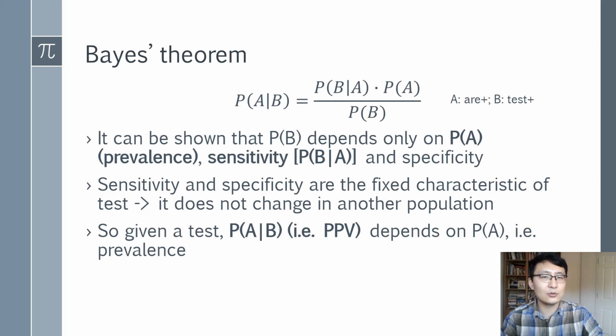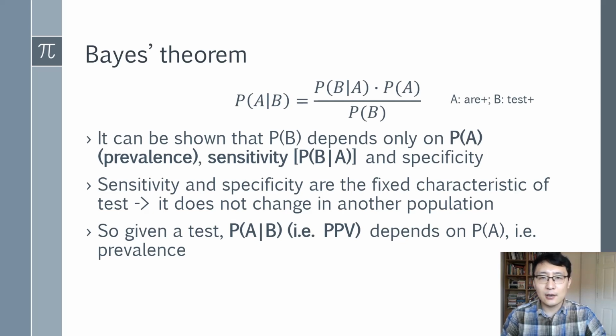These are the two metrics that are usually reported, including composite measures such as AUC for the ROC curve, which we will discuss later. But the key point is that sensitivity and specificity do not change in another population. So it is a fixed characteristic of the test.